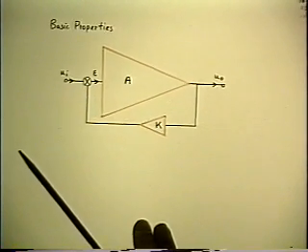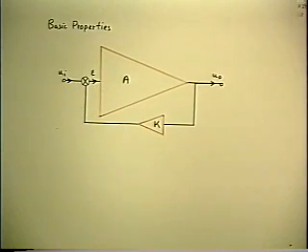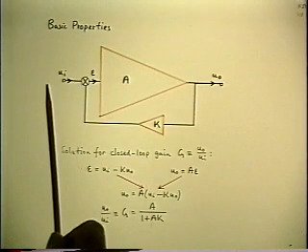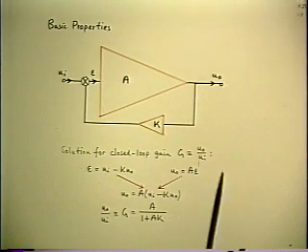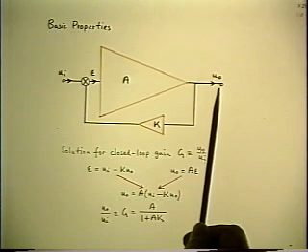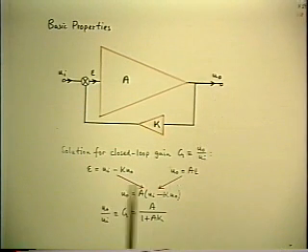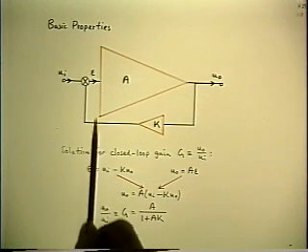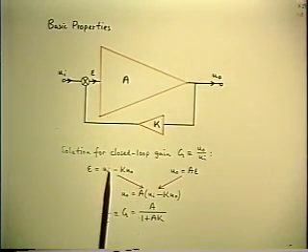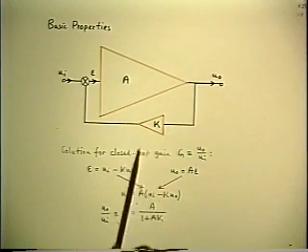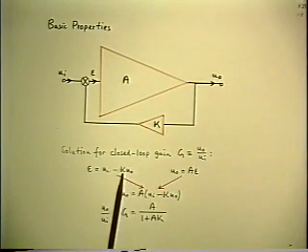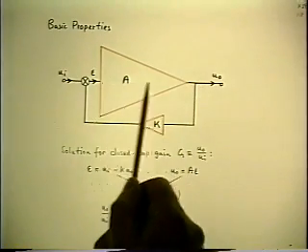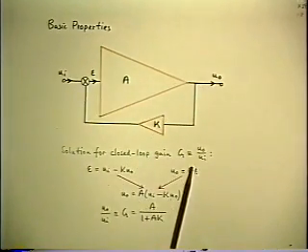The standard algebra that goes with this is you want to solve for the closed loop gain, the gain of the system in the presence of the feedback, which I'm designating as G. And what you do is you write two equations. One equation says the error signal is the difference between the input signal and the fed back signal, which is K UO. The other equation is the output signal is A times the error signal.